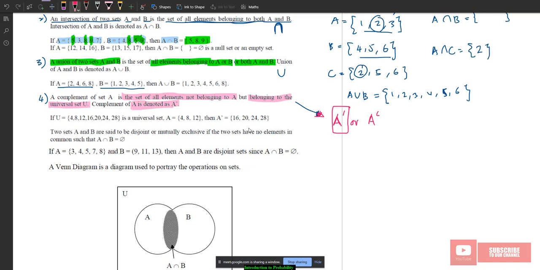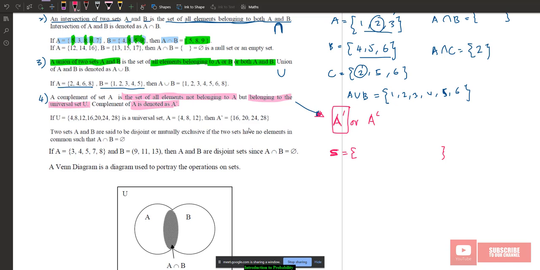So let's say you have a sample space. I haven't mentioned what a sample space is yet, but before we go to complement set, we shall touch on sample space. The symbol for sample space is S. Sample space is a complete set of all elements in one experiment. If you roll a die, it's all possible outcomes in one experiment.